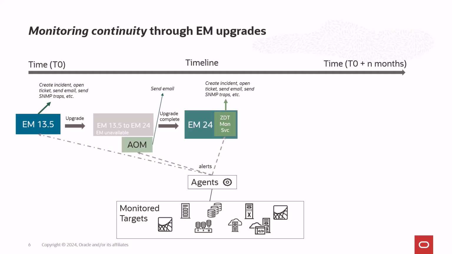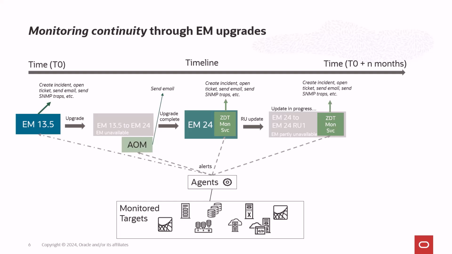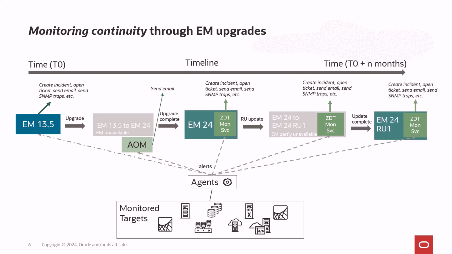Later on, if there is an RU update, while EM is under planned maintenance for the RU update, the ZDT monitoring service will continue to be available. Hence, it will continue to receive alerts, create incidents, open tickets, and perform other notification actions. When the update is complete, ZDT monitoring continues to work seamlessly.